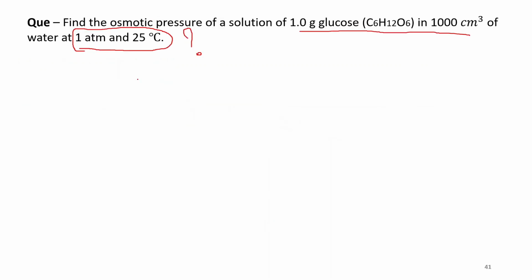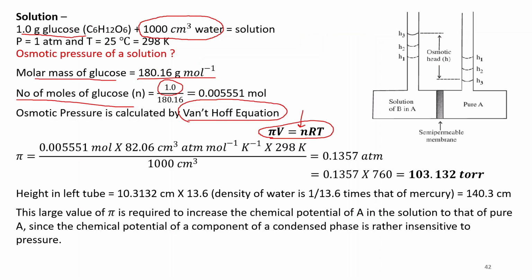So 12 into 6 plus 12 into 1 plus 16 into 6, we get 180. So we divide the given weight 1 by 180, its molar mass, which gives its moles, 0.005551.